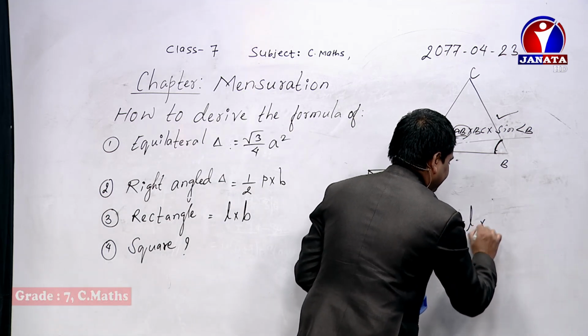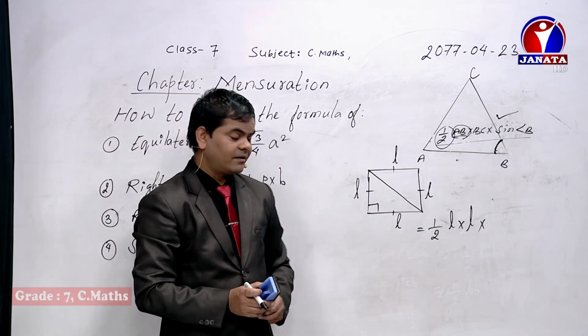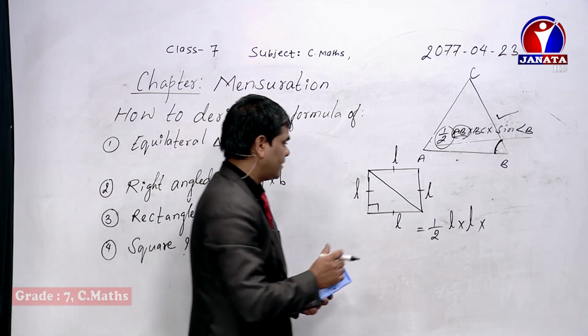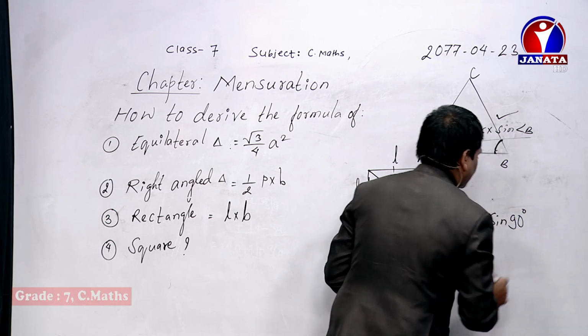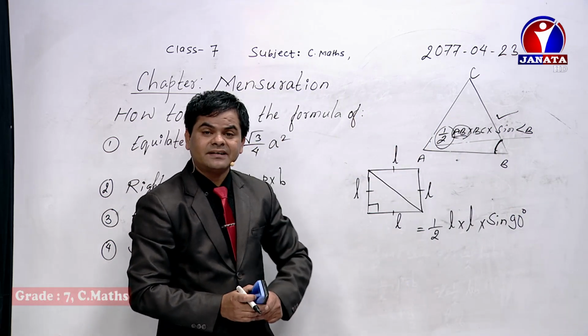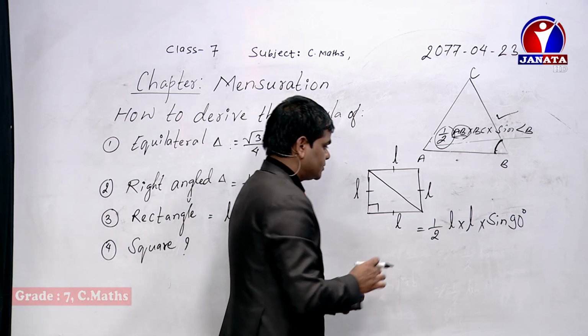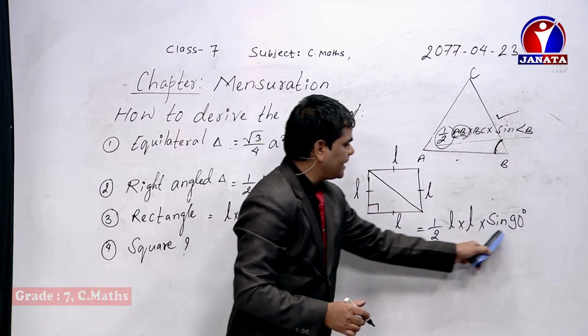And then the middle angle in terms of sine. The angle between the two sides we have taken, what is it? It is 90 degrees, sine 90 degrees, because we always use sine rather than cos. We should not, we must not use other than that. So it is the area of one triangle, isn't it? We have found the area of one triangle.